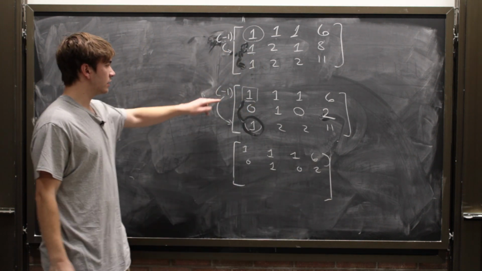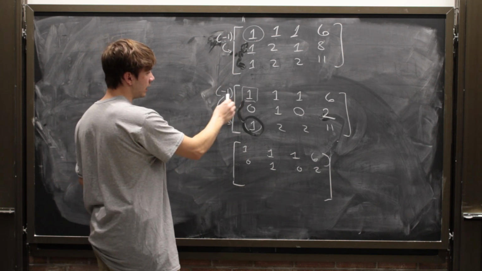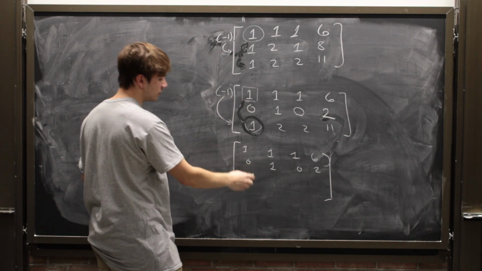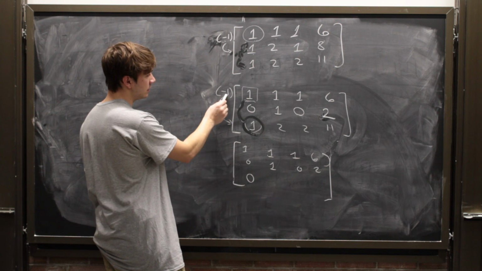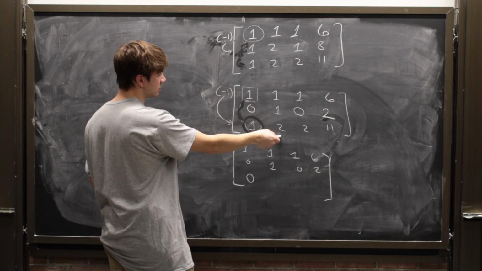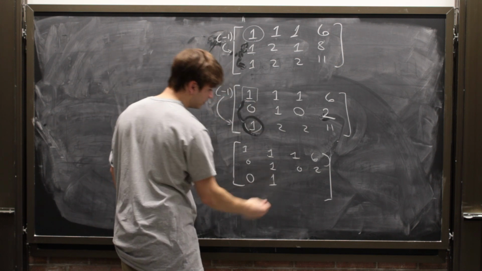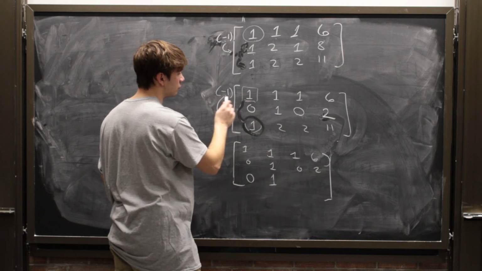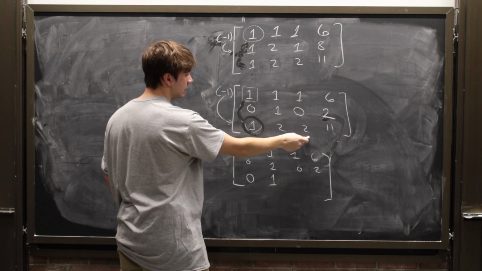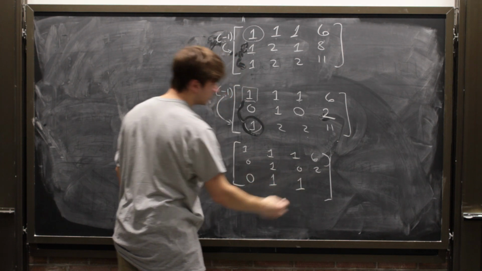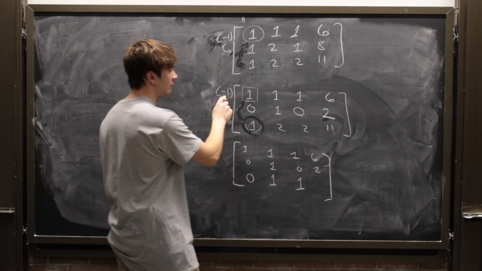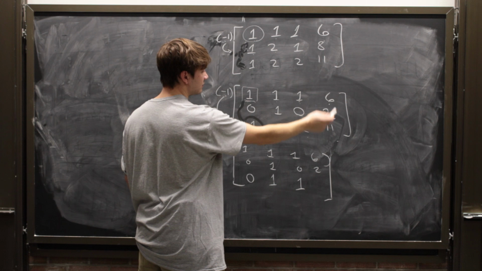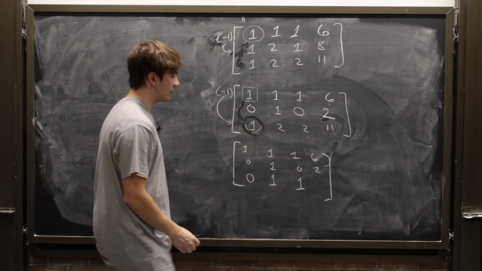Okay, so here I have -1 times 1 is -1, added into the 1 is 0. That's what I wanted. -1 times 1 is -1, added into the 2 is 1. I have -1 times 1, -1, added into the 2 is 1. And then I have -1 times 6 is -6, added into the 11 is 5.